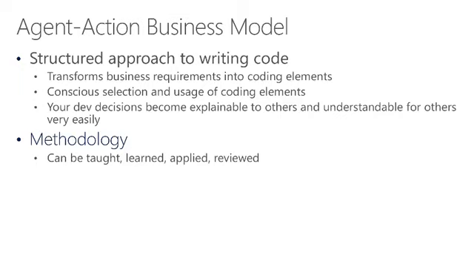So it becomes a conscious selection and usage of the coding elements based on how you're going to implement a business requirement. And so your development decisions become almost self-explanatory, which is the key of a methodology, because now we have a common approach, a common way of thinking, and so now we can learn from each other, we can teach it to others, and we can apply it to whatever situation is necessary.